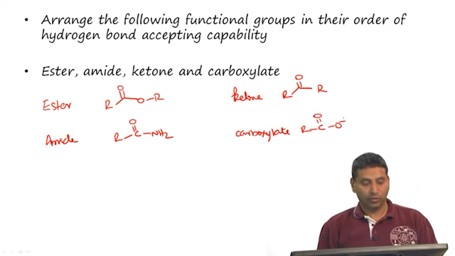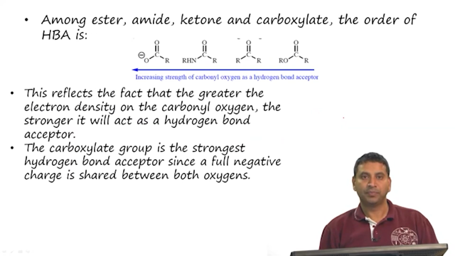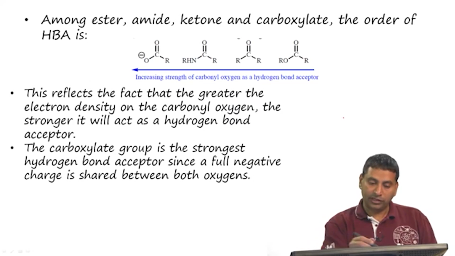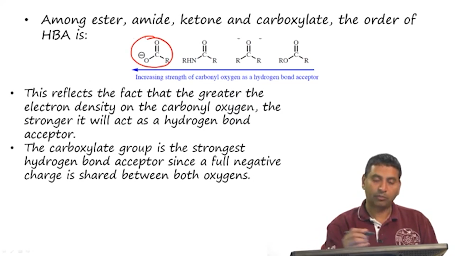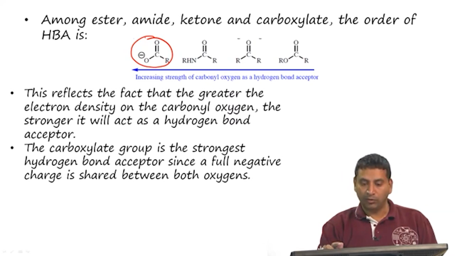Okay. So, based on this, we can now arrange it in the order of hydrogen bond accepting capability. Since carboxylate has a full negative charge on it, it is more capable of accepting a hydrogen bond when compared with a ketone or an ester.